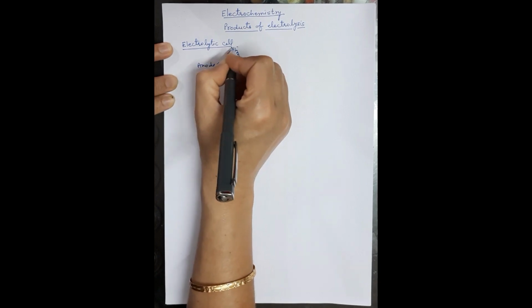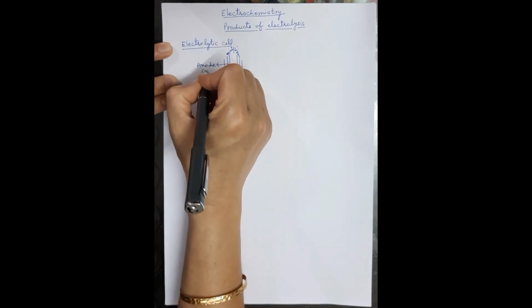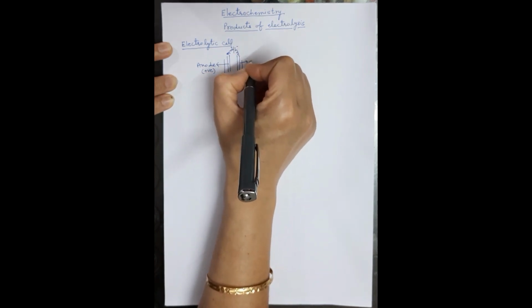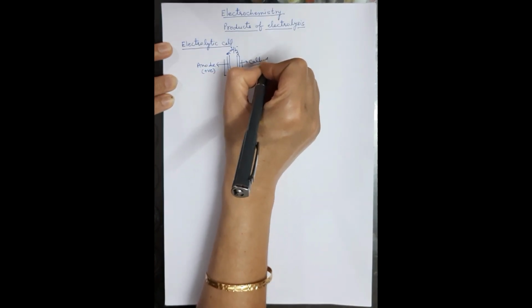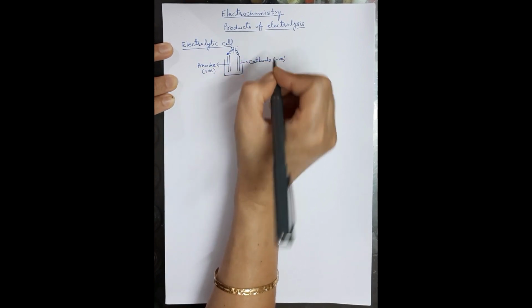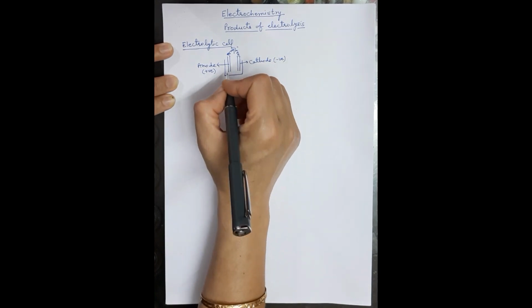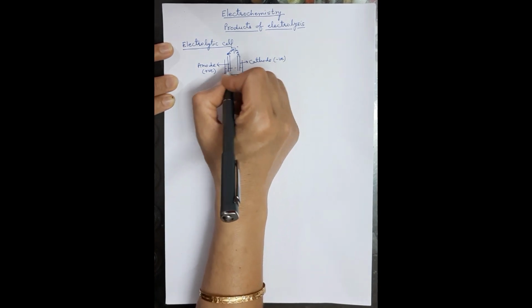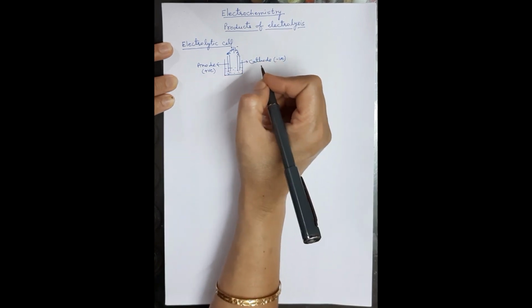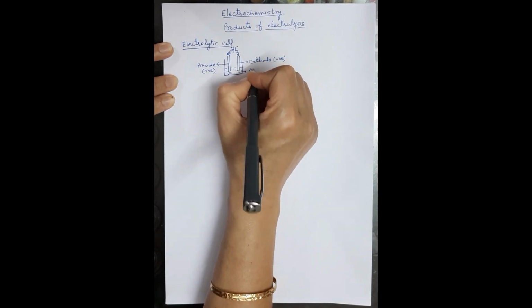As it is connected with the positive terminal, it is positive, whereas the cathode, which is kept on the right hand side, is connected to the negative terminal, and so it is considered a negatively charged electrode. And there is an electrolyte, maybe silver nitrate or copper sulfate, it may be any electrolyte.